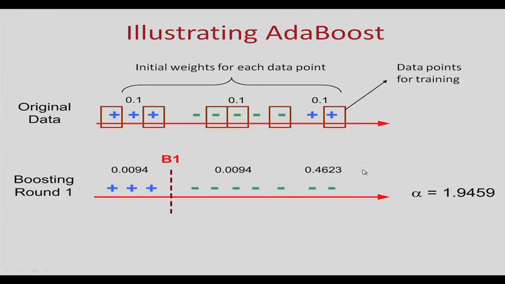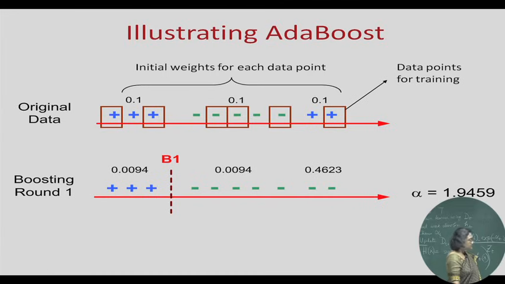These 2 where Adaboost makes an error are boosted to 0.4623, and to balance this, the probability of these 8 examples is reduced to 0.0094. Based on these values, epsilon and alpha can be calculated, and alpha happens to be 1.9459.